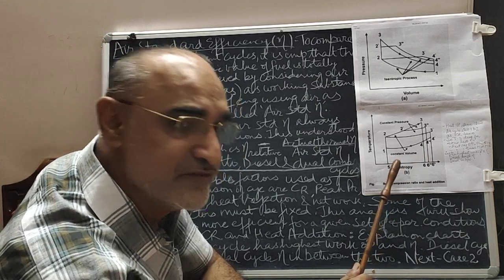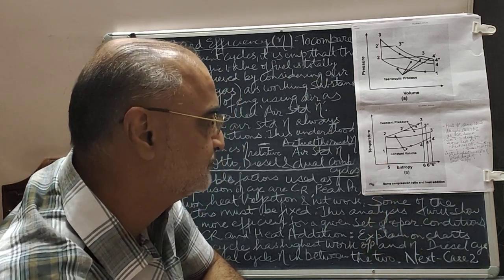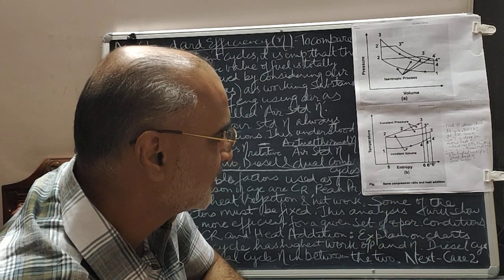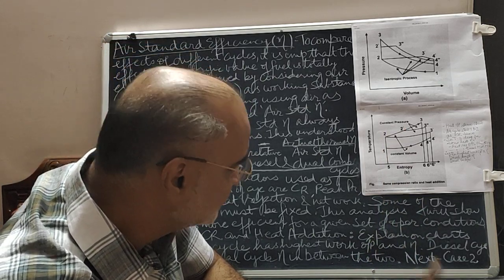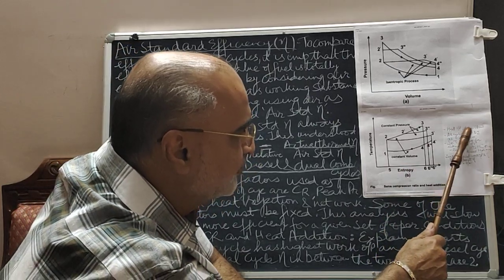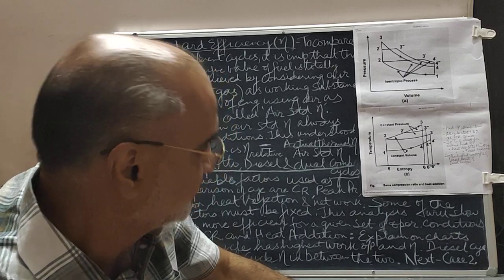This is the actual analysis carried out in the laboratory, and we get this graph. So we see from the temperature entropy diagram, all the heat inputs are the same.